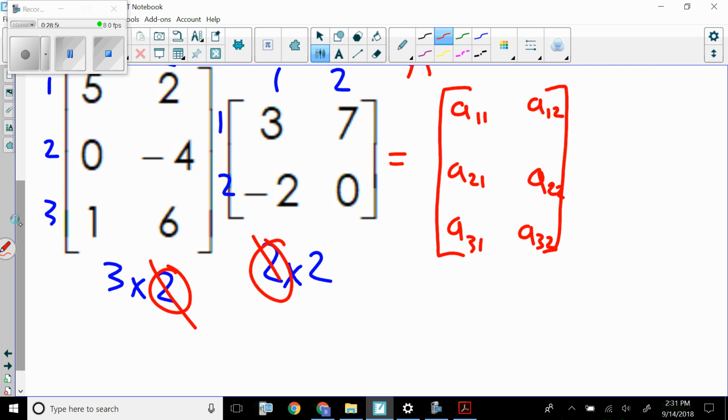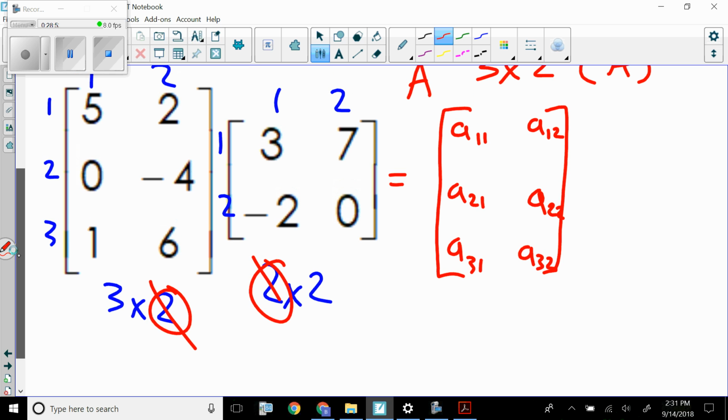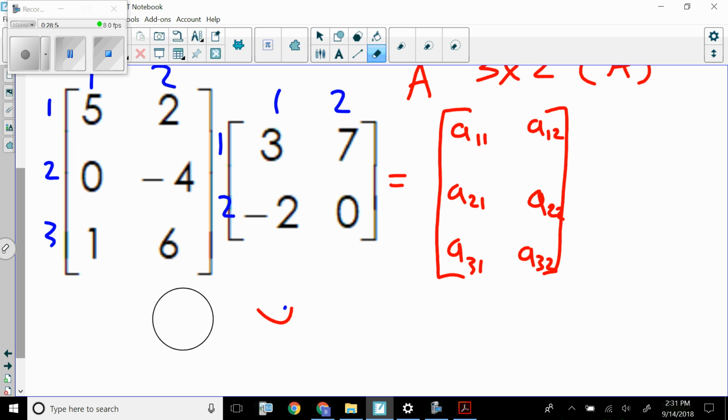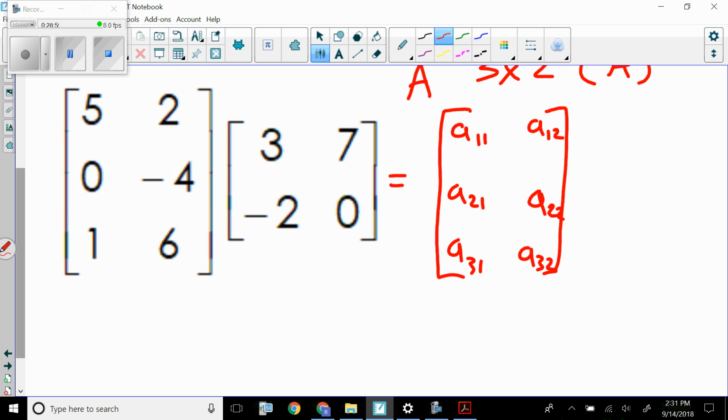Okay, well, let's see if we can figure out some of this. I'm going to erase some of the stuff that I have, clean up my board a little bit. The row and column value tells you what you should do. Here I want the first row and the first column.